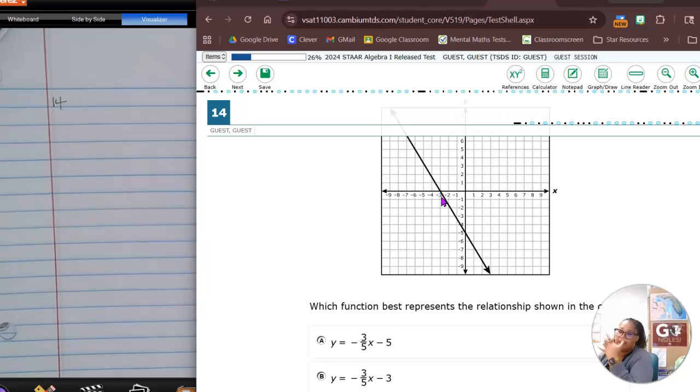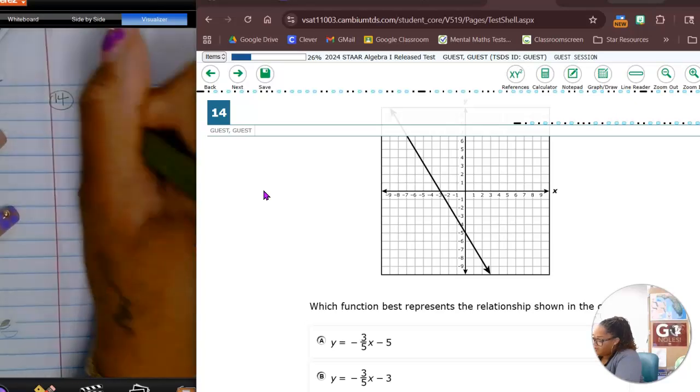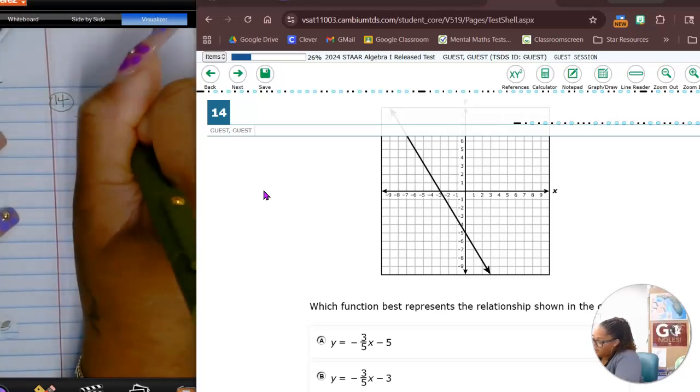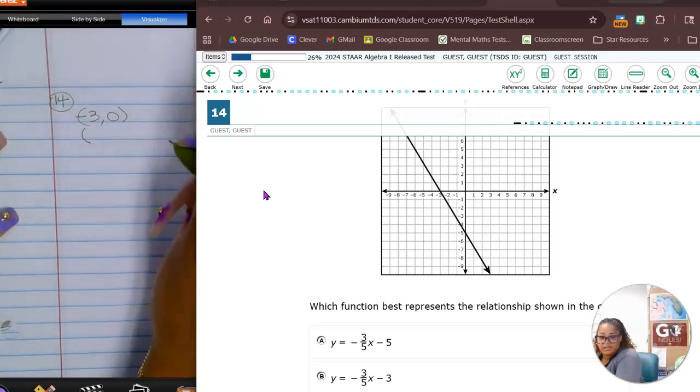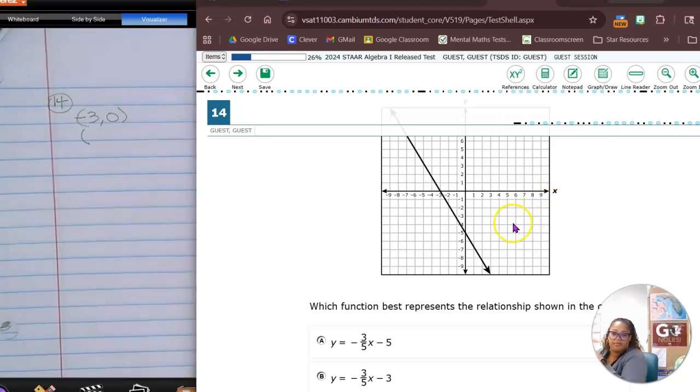Yes, this also has roots and solutions as a linear function. So this point here is -3, 0. And the other point is 0, -5, this point right here.